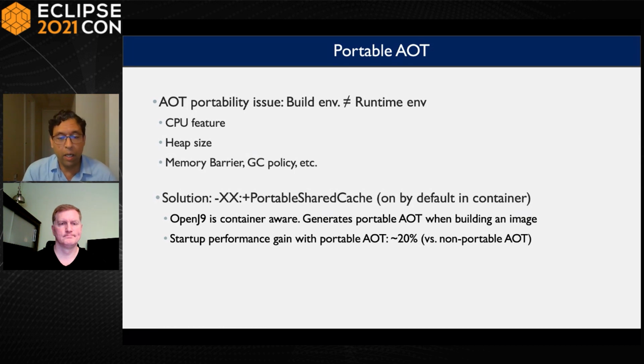So you may have had to worry about this problem, but OpenJ9 solves this problem for you nicely by generating what we call portable ahead of time compiled code. This is a bit like statically compiled code in a sense that it compiles for the lowest architecture version that is supported. So it doesn't take advantage of the latest and greatest architecture features on the machine we're running on or building on, and this allows the code to run portably wherever your runtime environment is, wherever you're running the image. Next page.